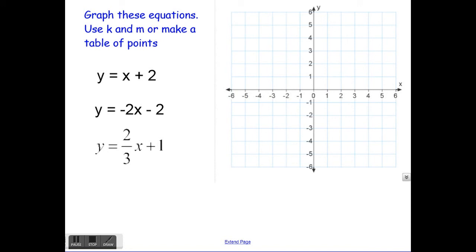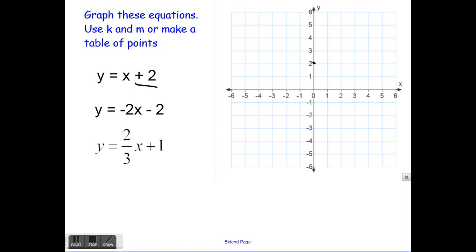You always have 1 point right away. The first point you always have is your y-intercept, okay? Which is this one here. So right away, you can put one of your points. So the y-intercept of this one is plus 2. So if y equals plus 2, I have 1 point.